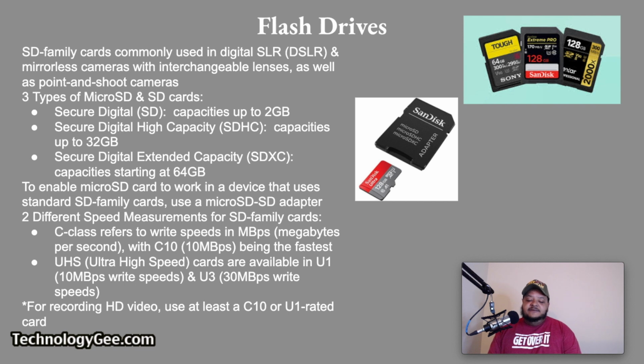For recording HD video, use at least a C10 or U1 rated card. So these are the cards that you will find in your average digital camera. And the image on the bottom there is a micro SD card.